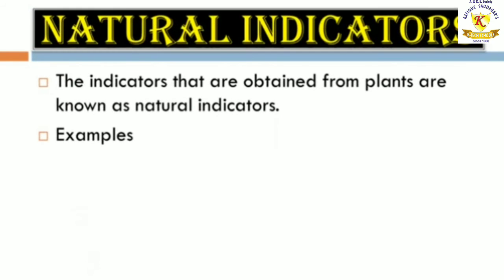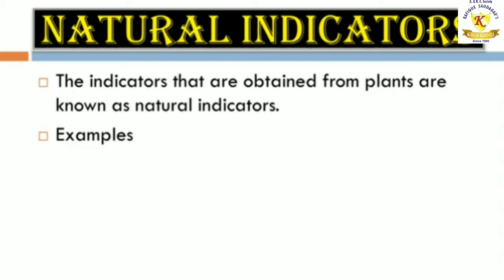The next we have is natural indicators. So what are these natural indicators? The indicators that are obtained from plants are known as natural indicators. They are also known as domestic indicators.